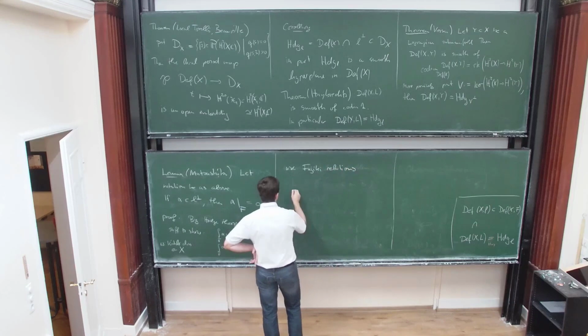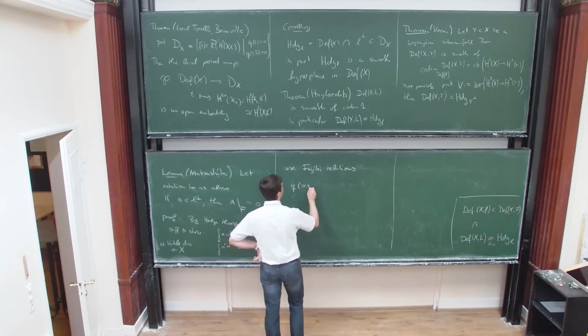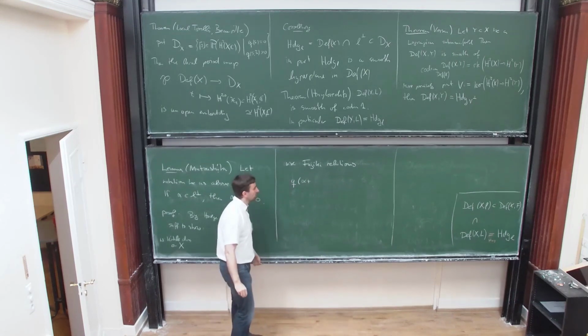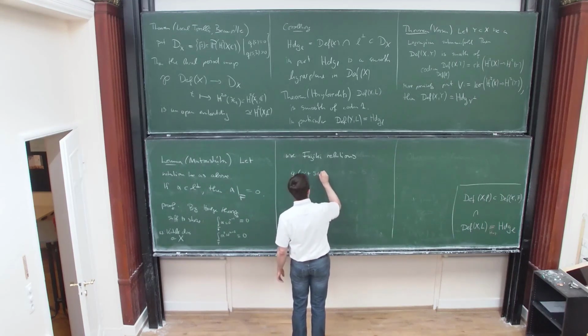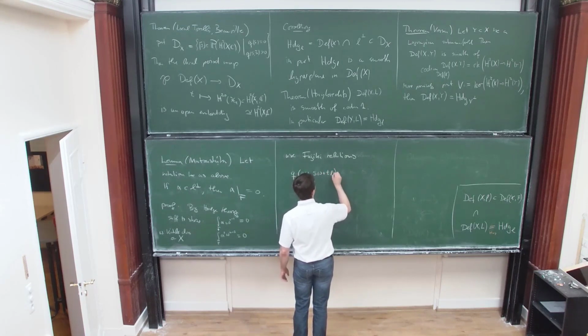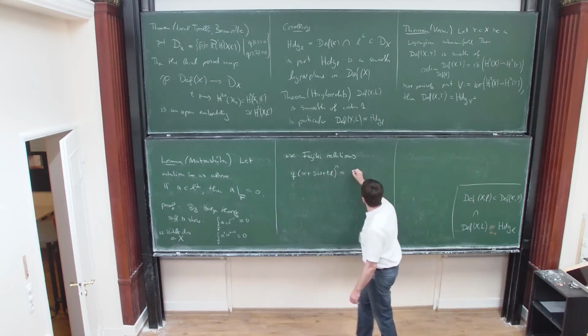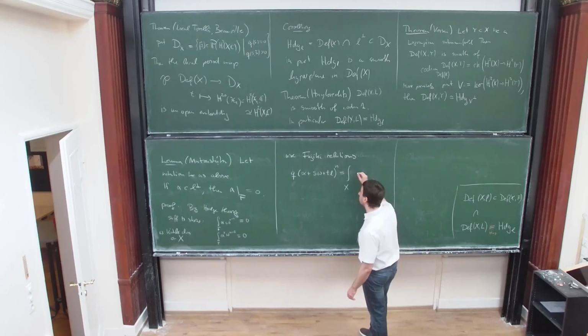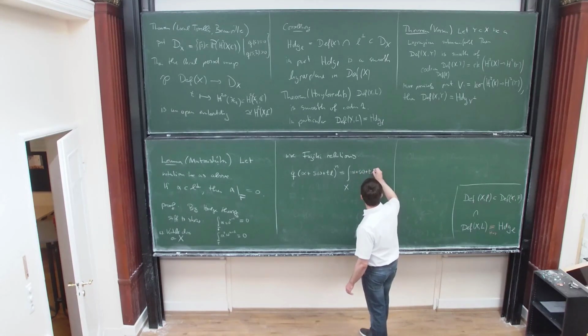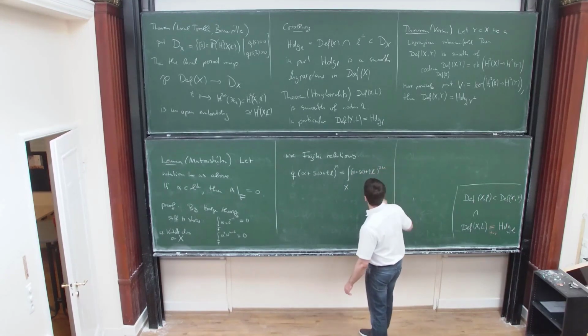So the Fujiki relation goes like this: Q of alpha plus, and then I introduce two variables, a polynomial in two variables, say S times omega plus T times L, raised to the nth power, gives me the integral over X of alpha plus S times omega plus T times L to the power 2n.